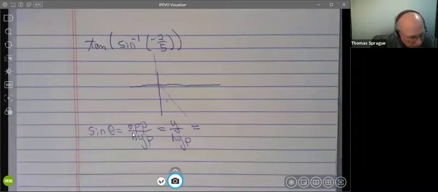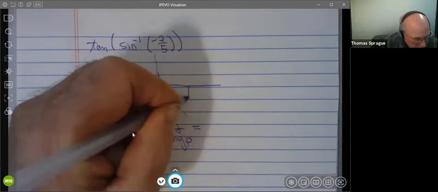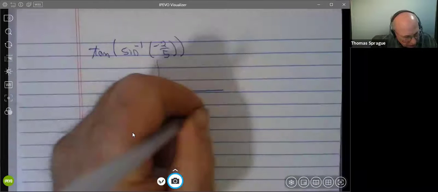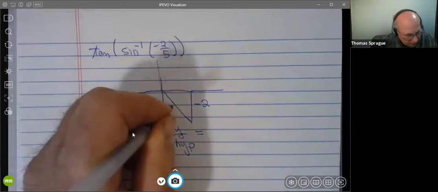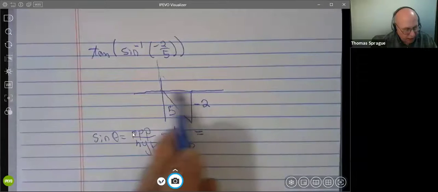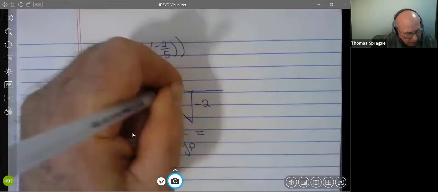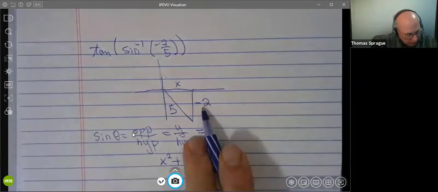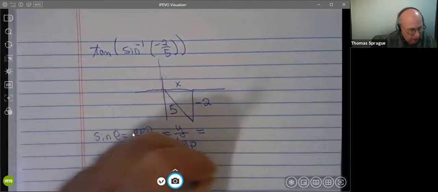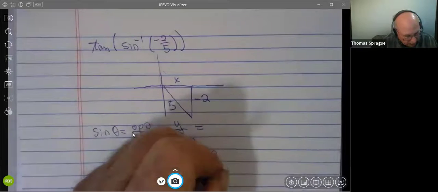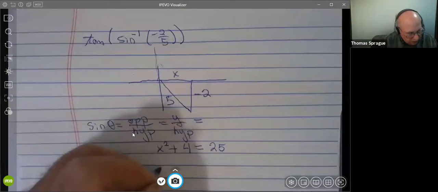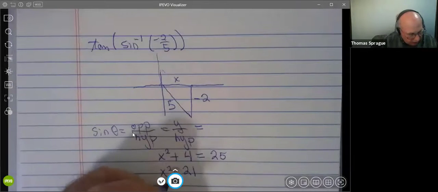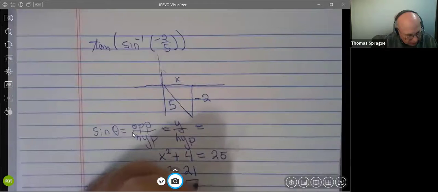Okay, so what we know is the sine is -2 divided by 5, and now we need to compute the x. So x squared plus y squared is equal to 25. So x squared equals 21, and x is root 21.